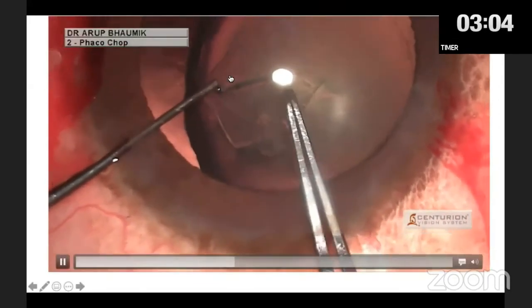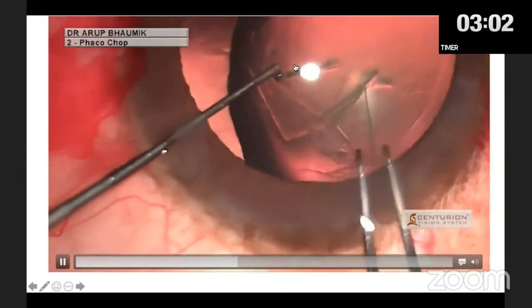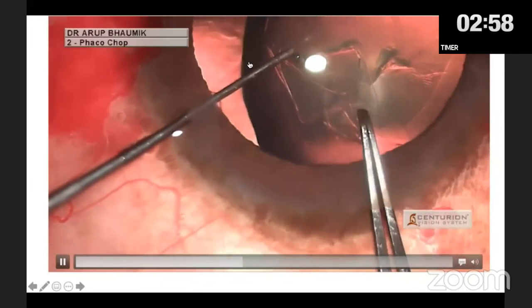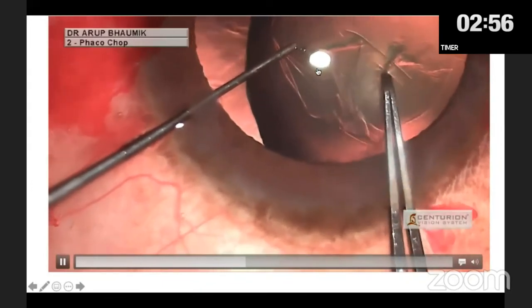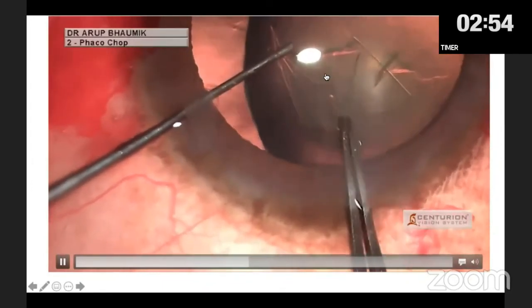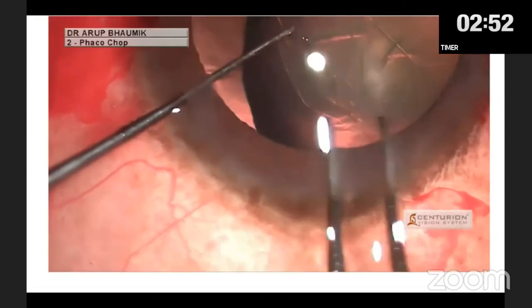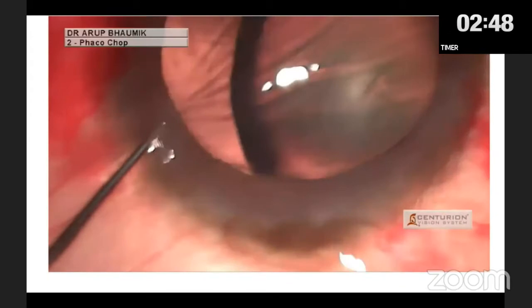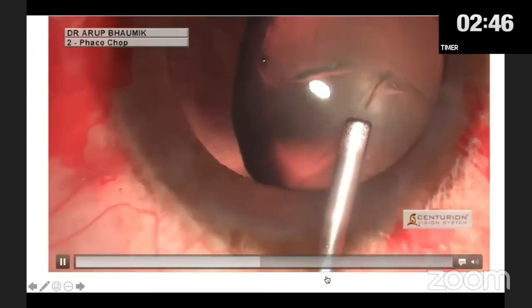Even the CTR can slip out of the bag and come into the anterior chamber. So it is very important to keep a 2 mm zone, and it is very important to do the rhexis. In some cases, you need to apply counter force to complete the rhexis.